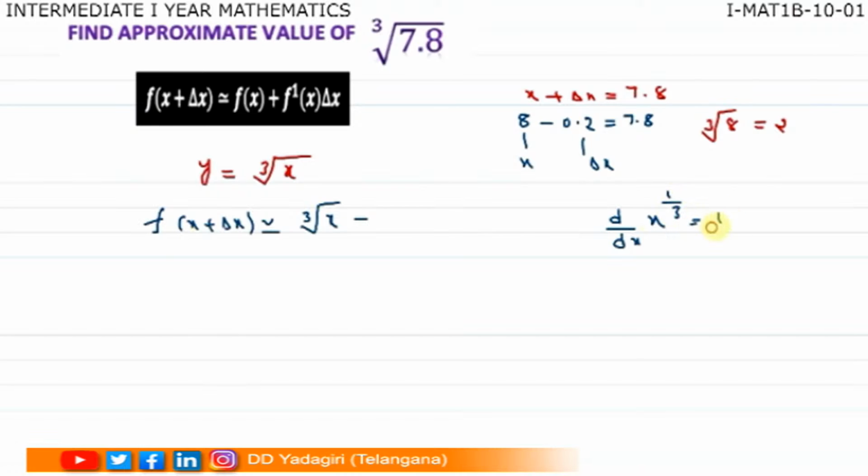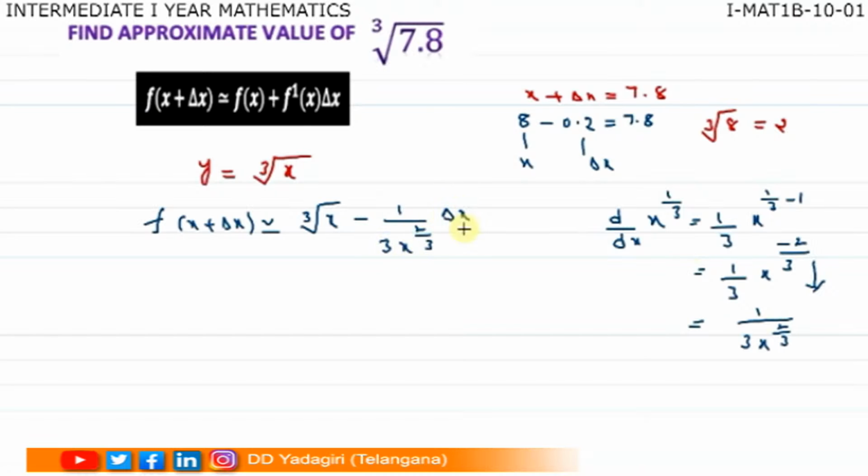This can be written as 1 by 3 into x to the power of 1 by 3 minus 1. Taking LCM, this is 1 by 3 x to the power of minus 2 by 3, or this can be written as 1 by 3 into x to the power of 2 by 3 in the denominator. Now substitute directly here. So f dash x means 1 by 3 into x to the power of 2 by 3, into delta x as it is.